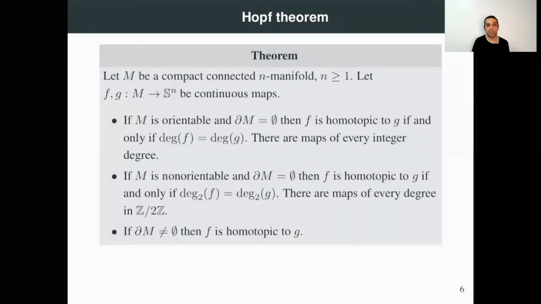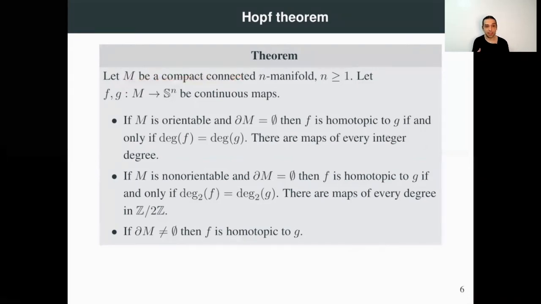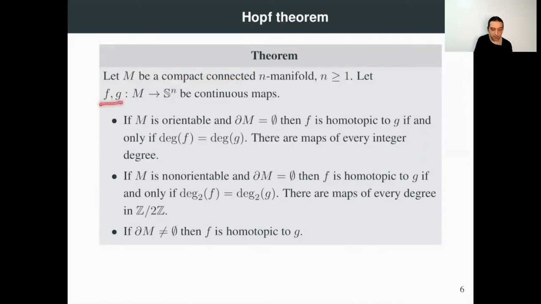Now, finally, we can provide the statement and the proof of Hopf's theorem. So let M be a compact connected n-manifold, with n greater or equal than 1, and let us consider two continuous maps from M to the n-dimensional sphere. Consider the case where M is orientable, and of course, the boundary of M is empty.